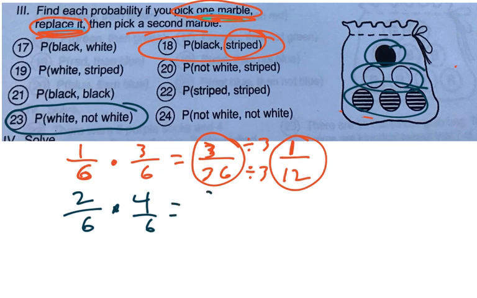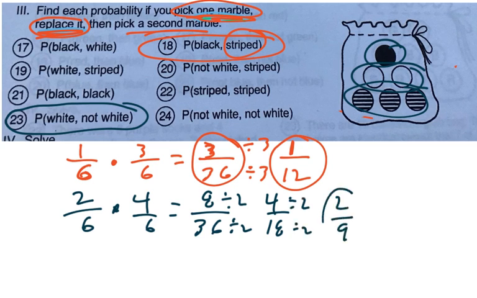So timesing straight across, I get 8 out of 36. Again, I can use my calculator to reduce that. Or how about we divide by 2 and see what happens. We get 4 out of 18. Let's divide by 2 one more time. And we'll get 2 out of 9 chances. Okay? So anyways, hopefully that's making sense so far.